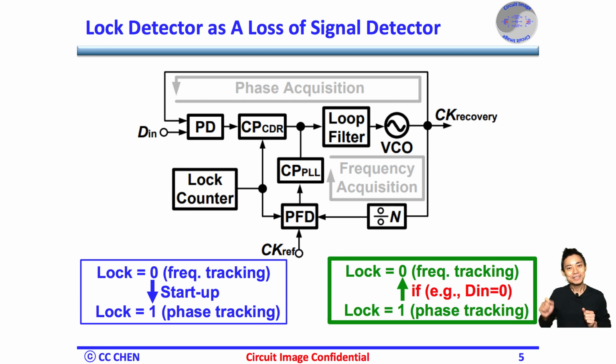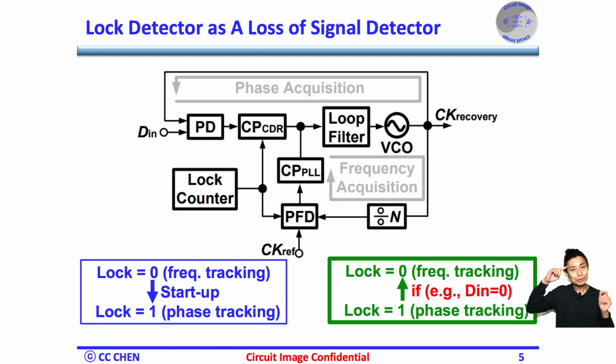Therefore, if the data went away, the lock detector will prevent the CDR clock frequency or phase from going out of control by detecting the frequency error and then pulling the CDR back to frequency acquisition mode, back to the reference clock. Is that good enough?